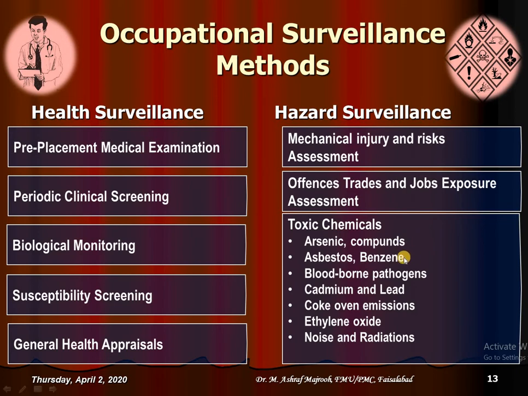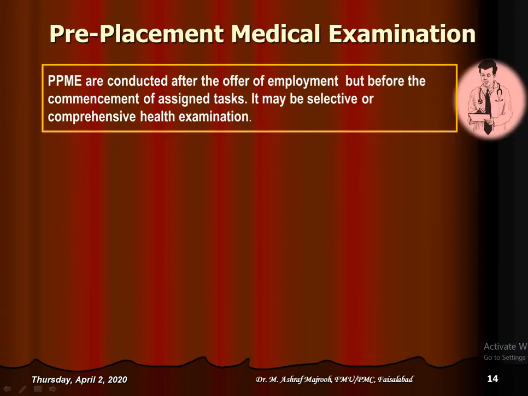These are the arsenic compound, asbestos and benzene, blood-borne pathogens, cadmium and lead, coke oven emissions, ethylene oxide, and noise and radiation. These are the regulated substances and processes.